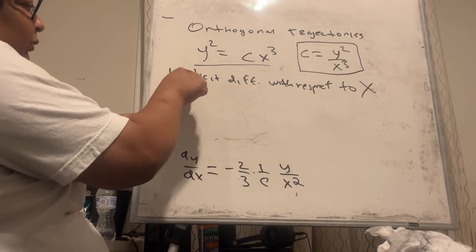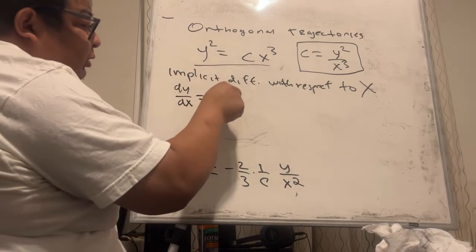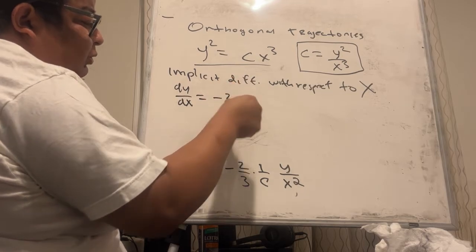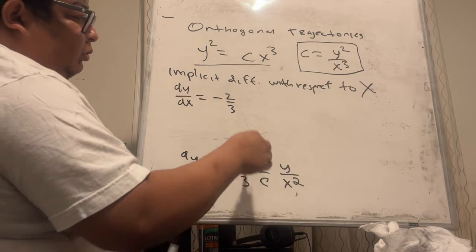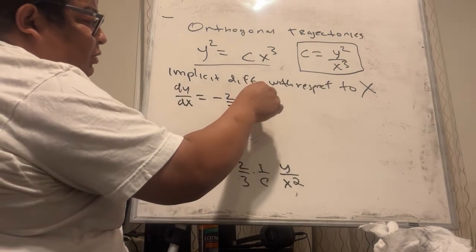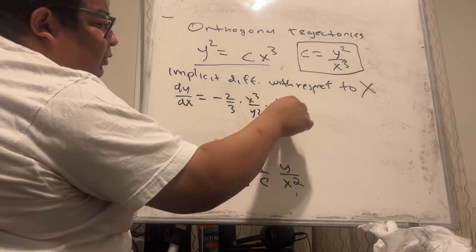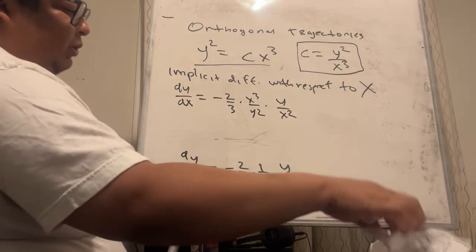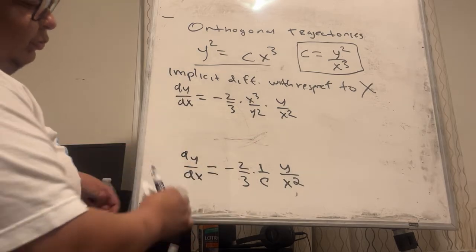So dy dx is equal to negative 2/3 times x cubed over y squared times y over x squared. That's after plugging in c.